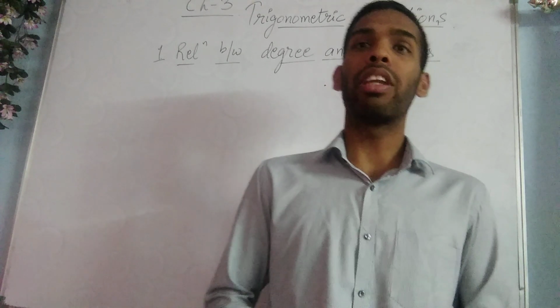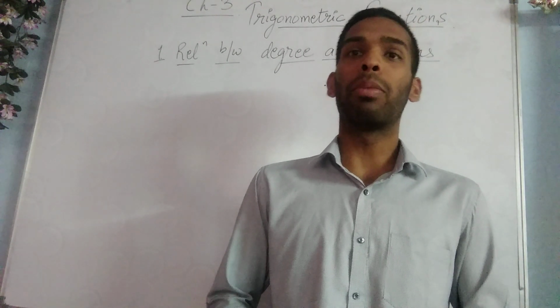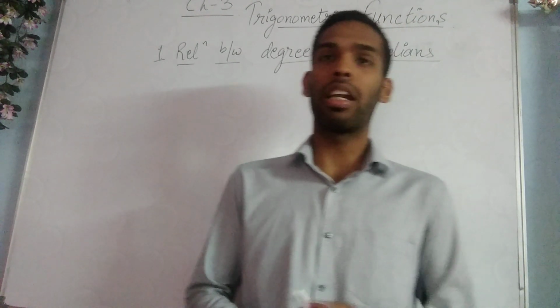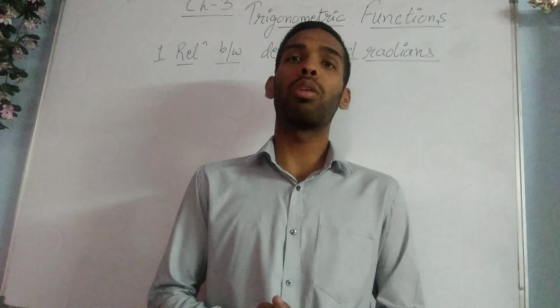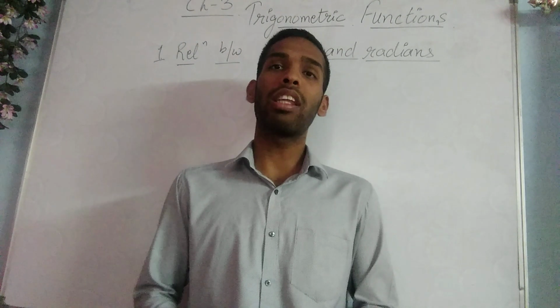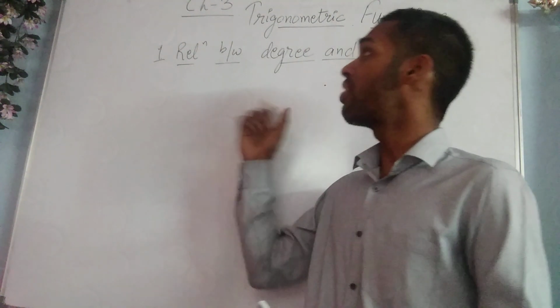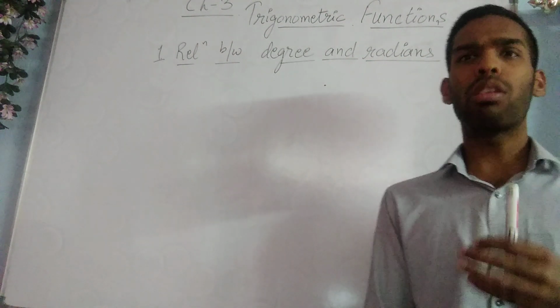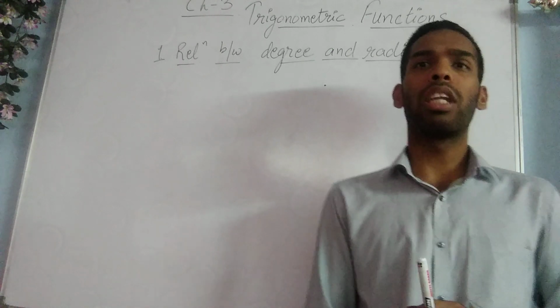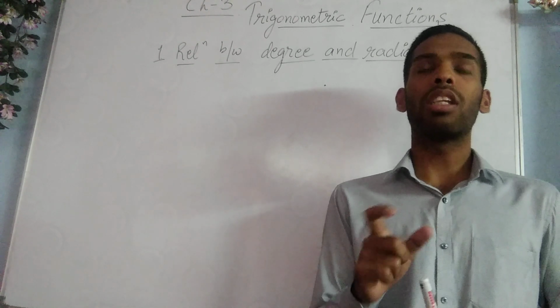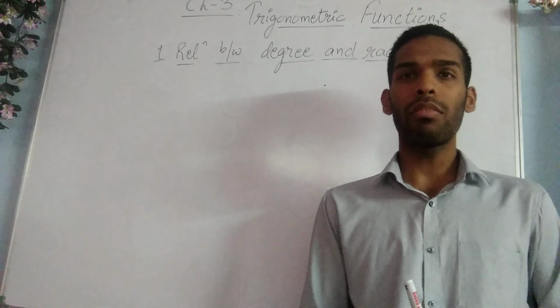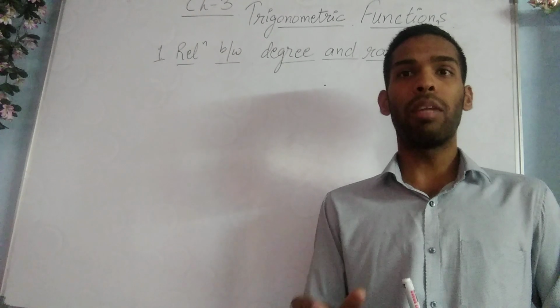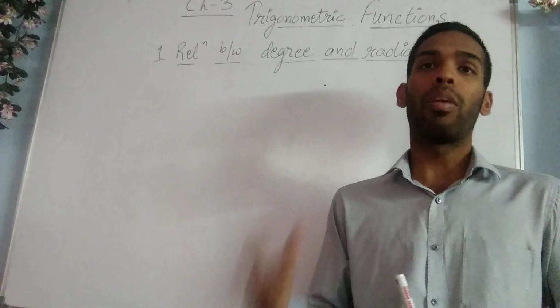As you all know, in the very first lecture we started chapter number 3 of this NCERT mathematics, that was trigonometric functions. And in that very same lecture we studied the very first topic, that was relation between degree and radians. I also discussed with you what we mean by degree and radian. These are the two separate units of measuring angle. First one is degree, another is radians.